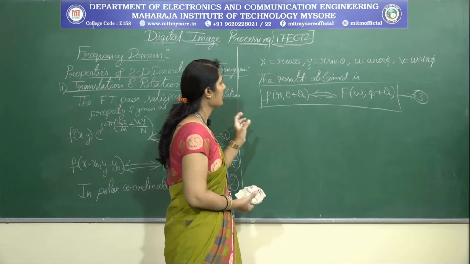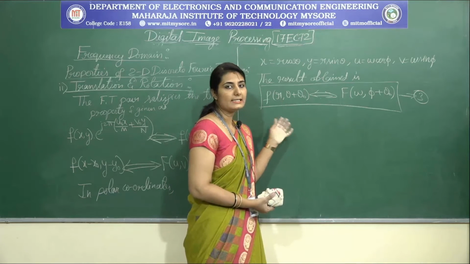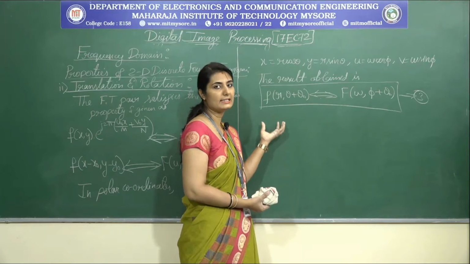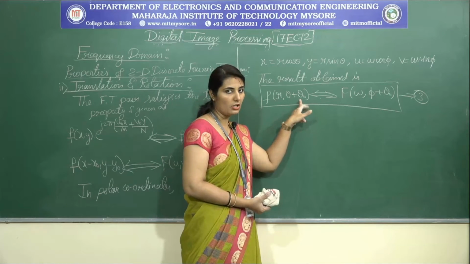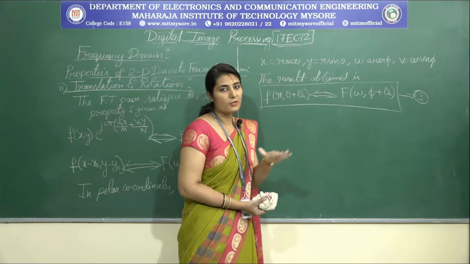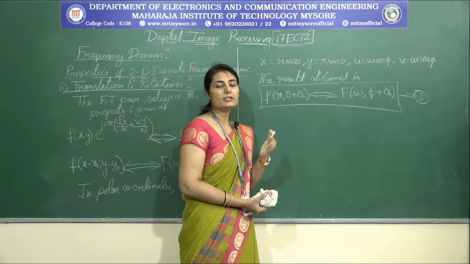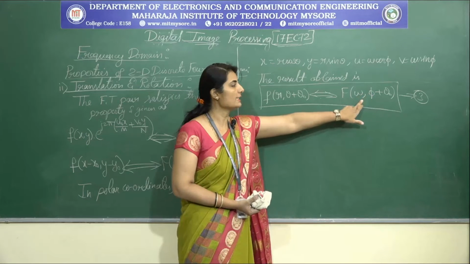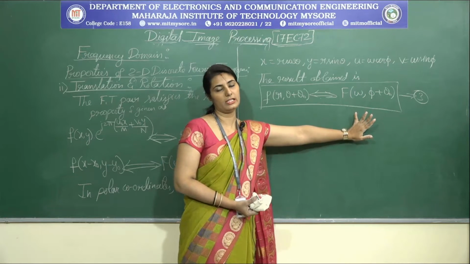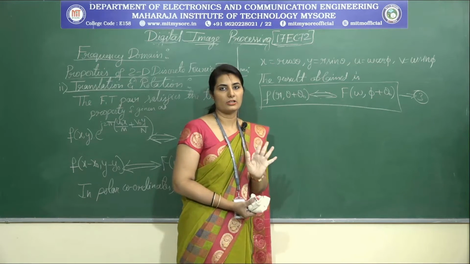What does it indicate is that if there is a rotation of the signal f of x comma y by an angle theta naught, then after transforming to Fourier domain there is also a rotation of the image by the same angle theta naught.